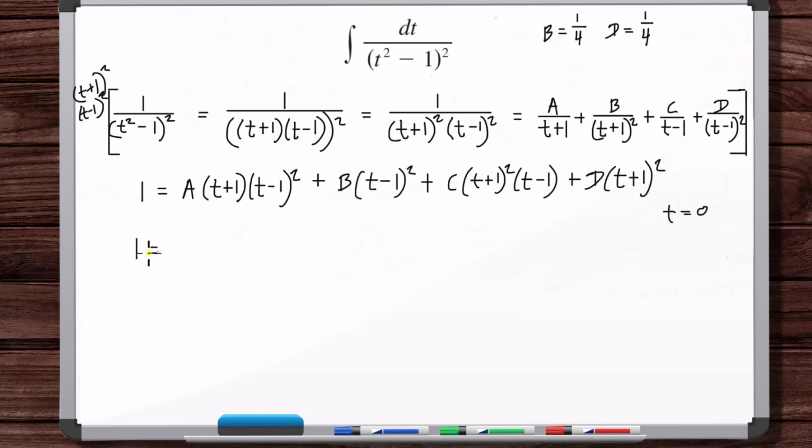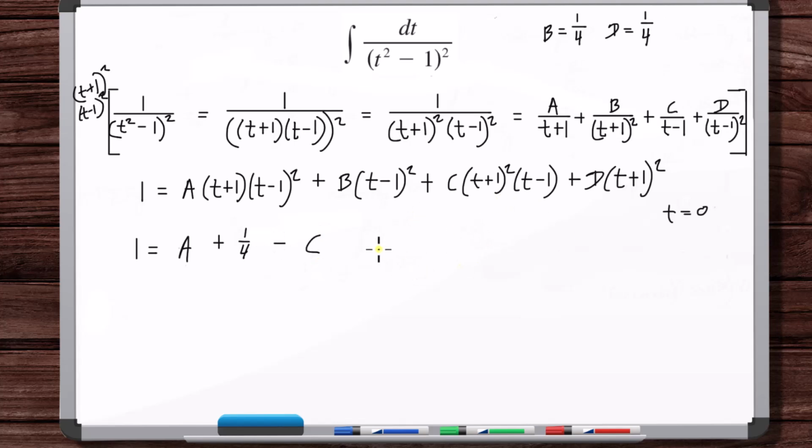Okay, so 1 is equal to, you have 1 times minus 1 squared is just 1, so we would just have a. Yeah, this could be a lot faster. Okay, a, and then plus 1/4 times minus 1 squared, plus, okay, you've got 1 squared times minus 1, so it's going to be minus c.